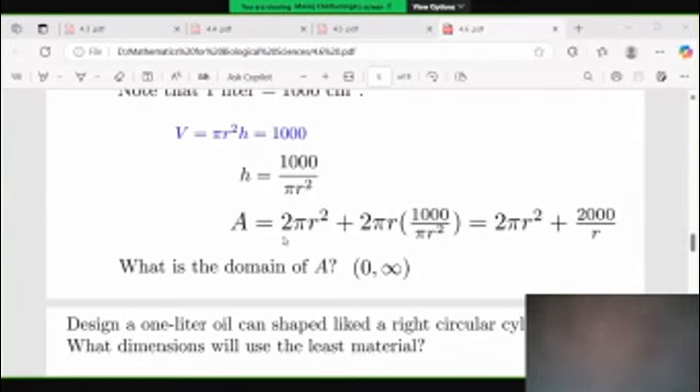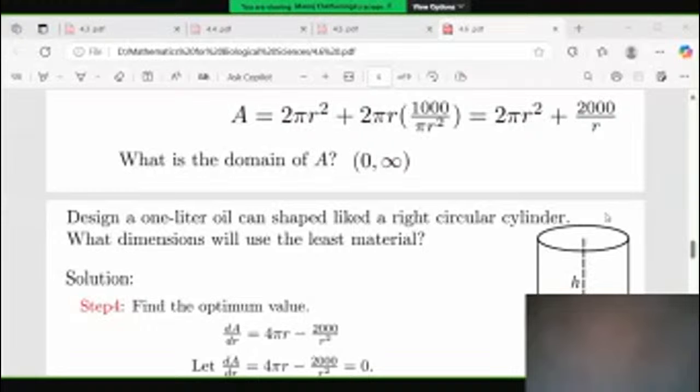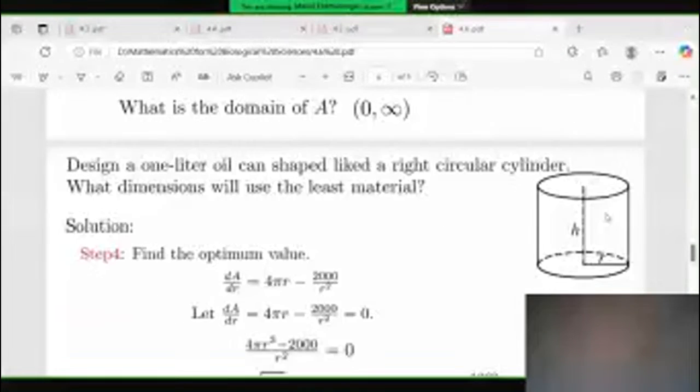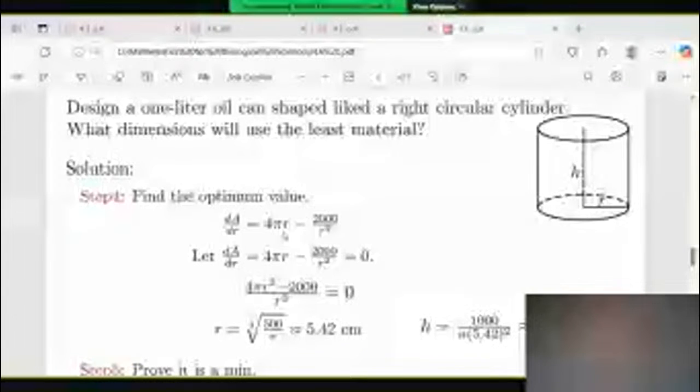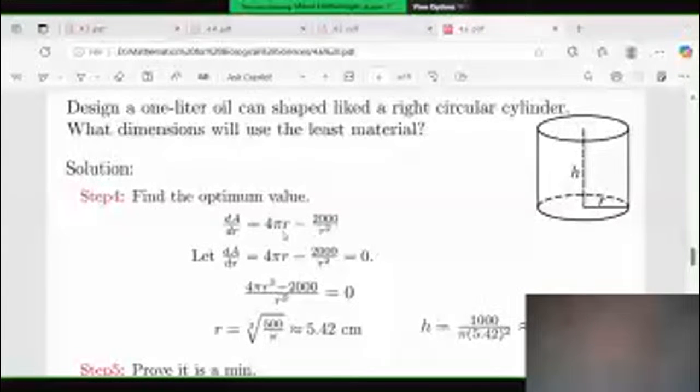Now take this expression and differentiate it. I'm not going to explain the differentiation part because the function is really simple. To have extreme values, the derivative must be 0. That's how we find critical numbers.